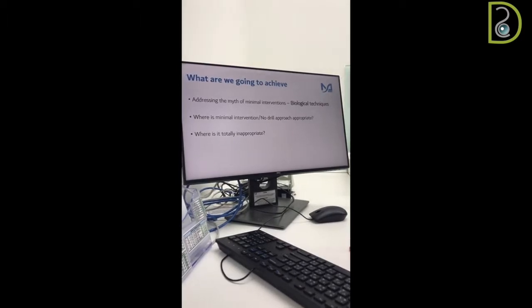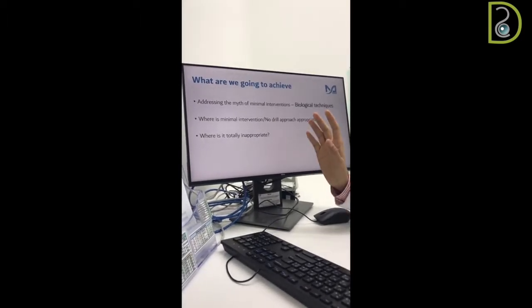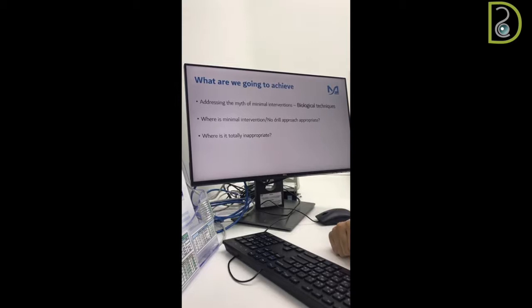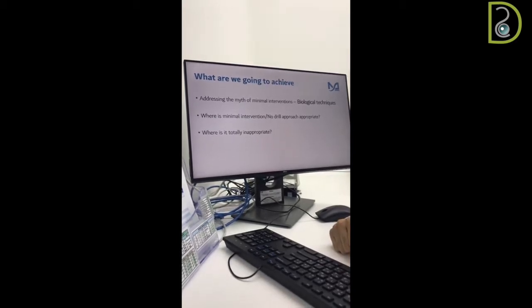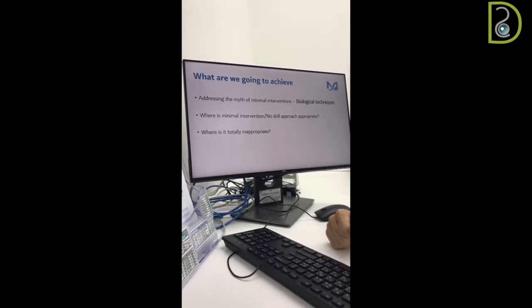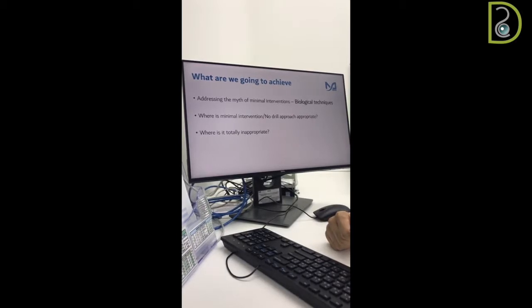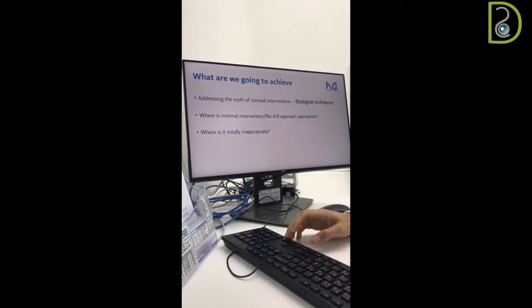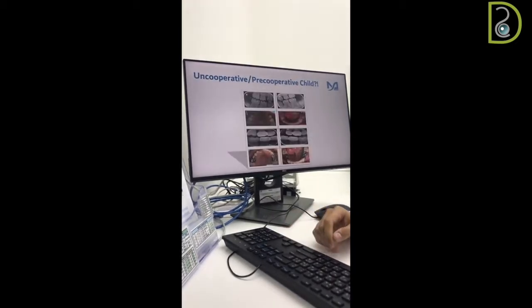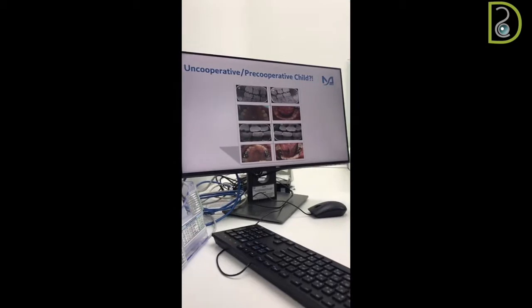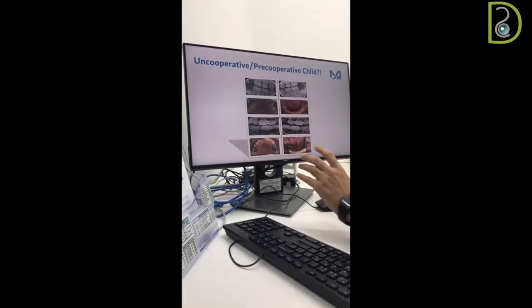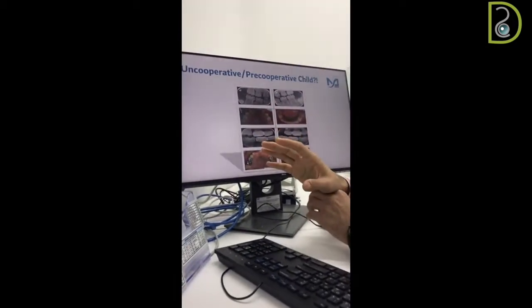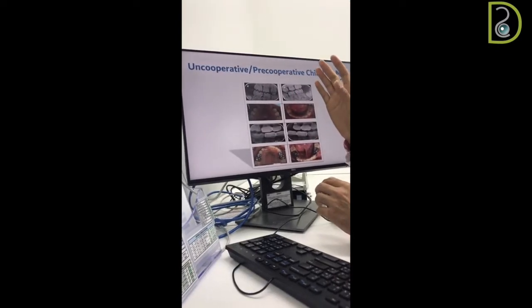So here, let's talk about what we are going to achieve today. We're going to address the myth of minimal intervention, which is the biological techniques, where minimal intervention, which is a no-drilling approach, is appropriate, and where it is totally inappropriate to use the Hall technique or biological techniques. So I'll start by giving you an example of an uncooperative or pre-cooperative child.